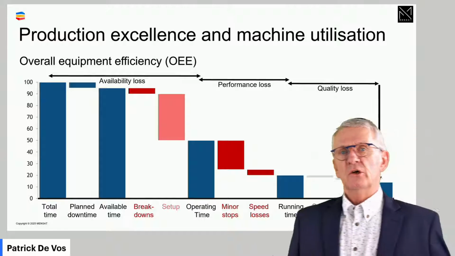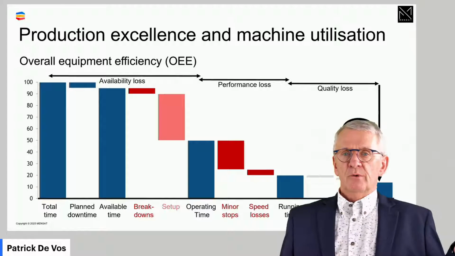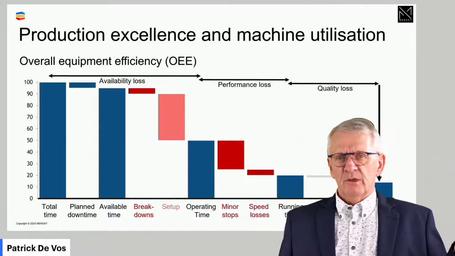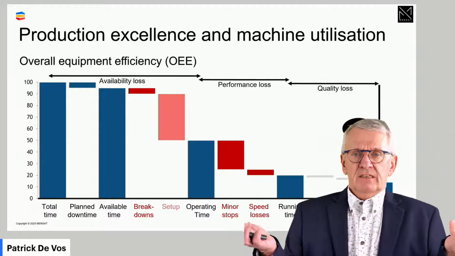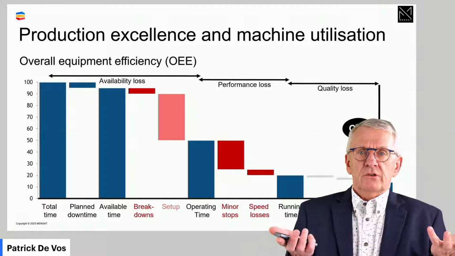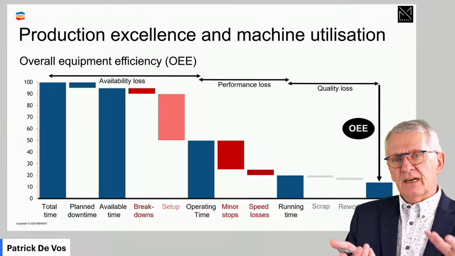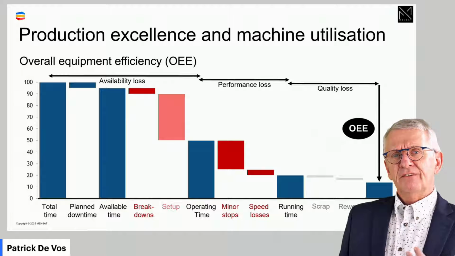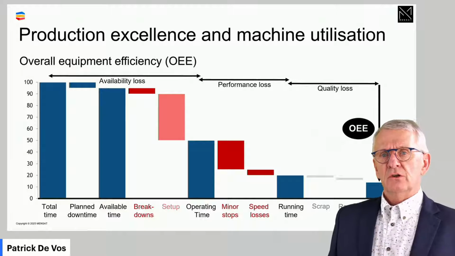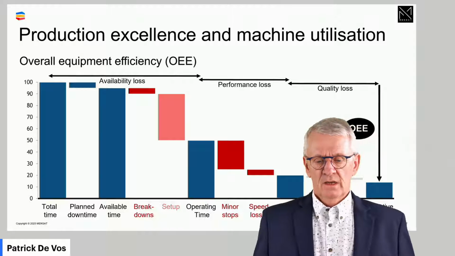Well, the ratio between the total available time and the time effectively the machine is producing correct workpieces is what we call OEE. How efficient are you using your machine tools?